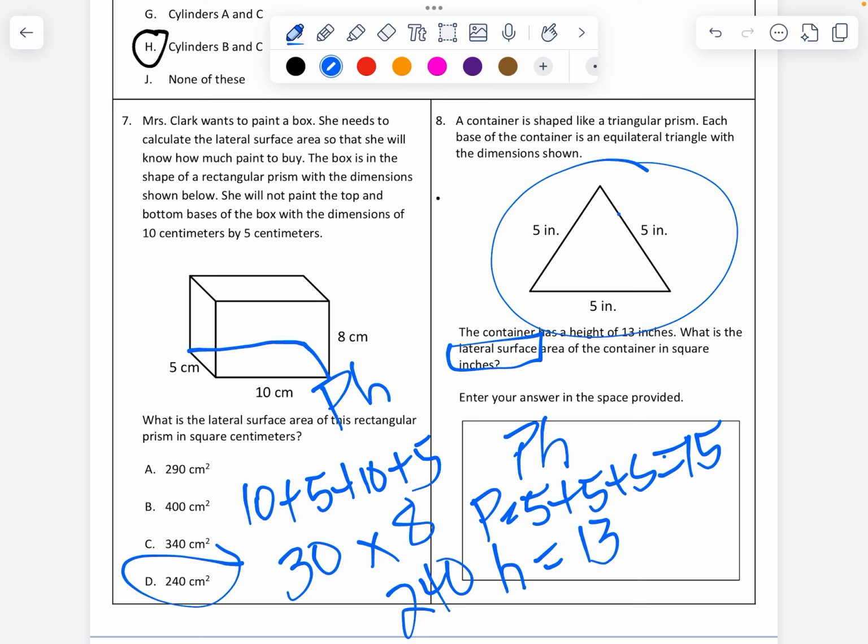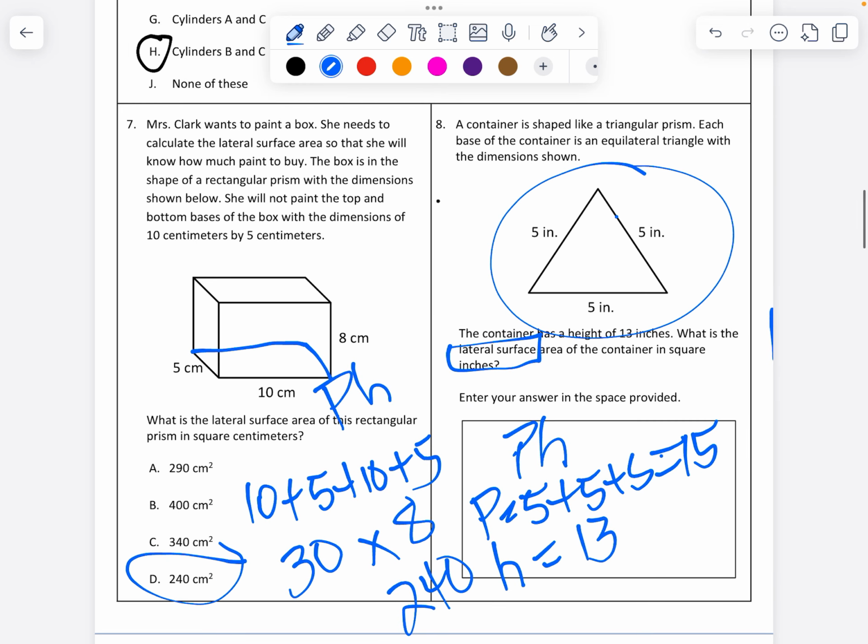So 15 times 13, and you get 195. So 195 is the answer.